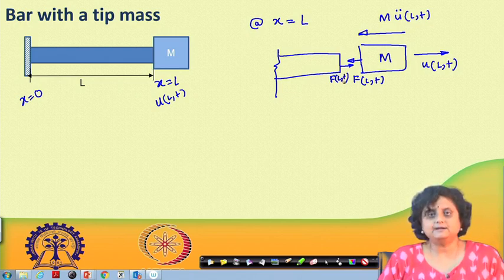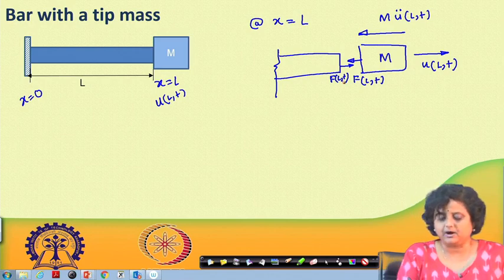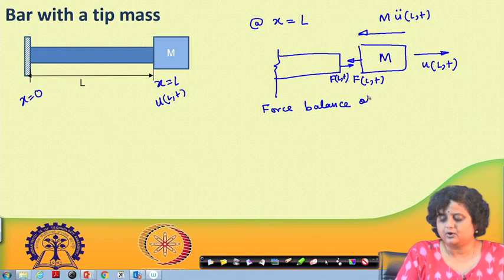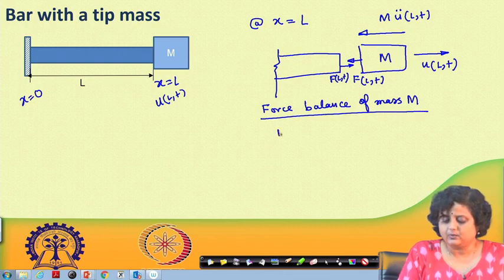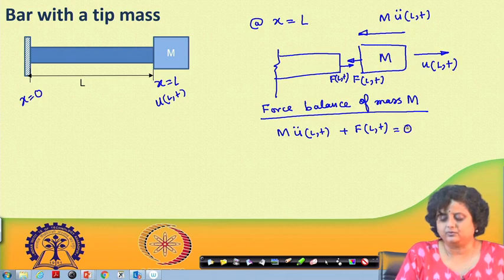Now, if I write down the force balance equation of the concentrated mass, what are we going to get? We are going to get M u double dot L comma t plus F of L comma t is equal to 0.